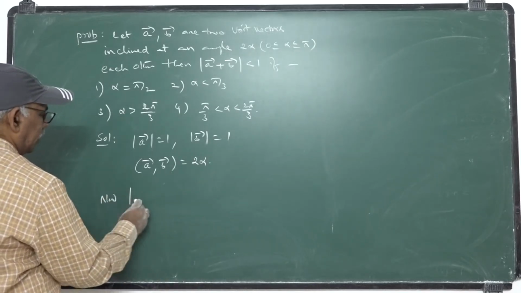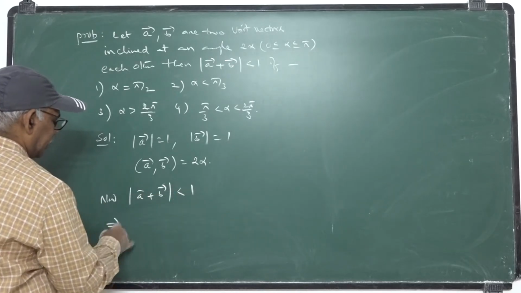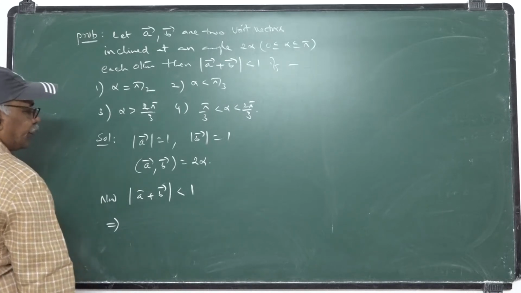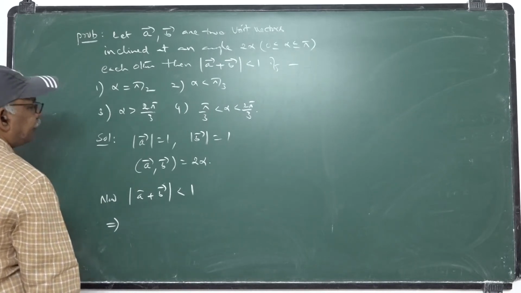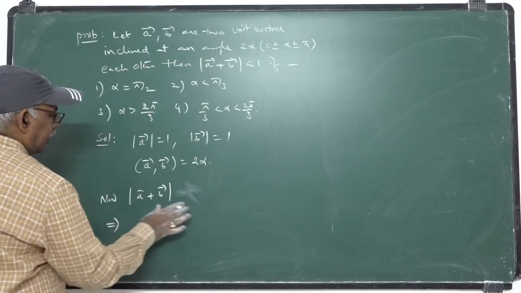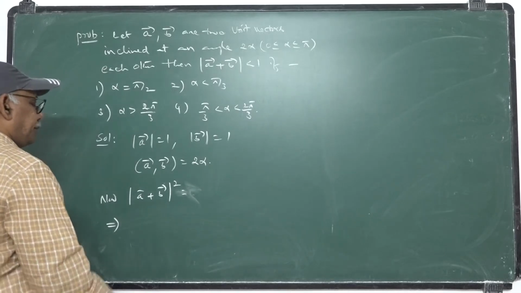Now, modulus of A bar plus B bar is less than 1 implies, squaring this, let us consider mod A bar plus B bar whole square.